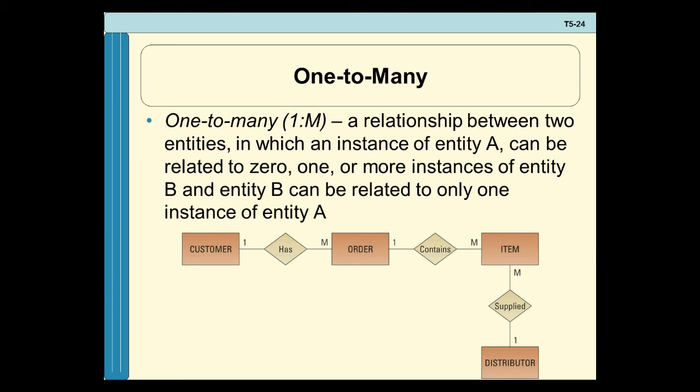So we have one next to the customer entity, and we have M that represents many next to the order. Now, there's other ways of signifying that. You don't always have to put in the one and the M. There are diagramming techniques that we'll look at in a minute that are probably a little clearer in expressing that.